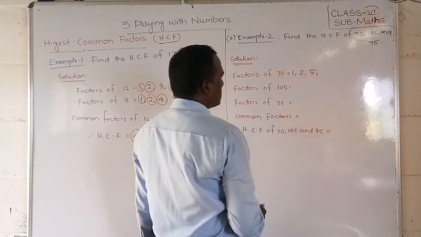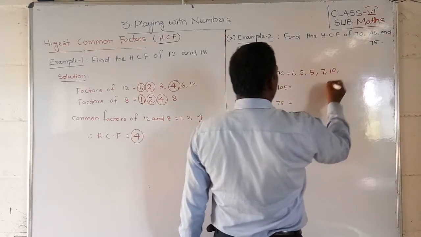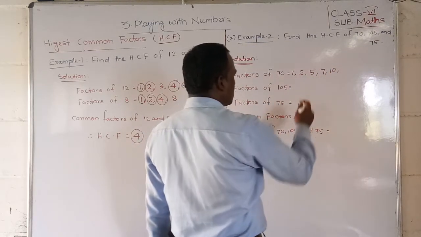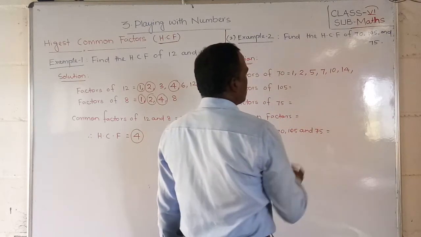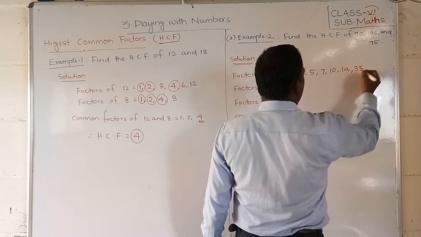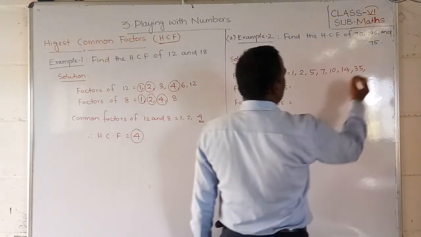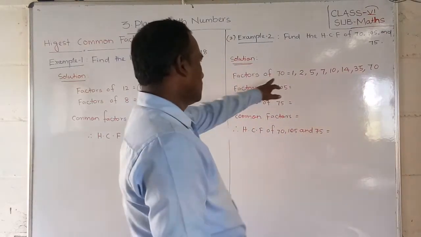So 5. Next, 6 not possible. 7 times 10, so 7. Next 10, next 14, next 35, next 70. These are the factors of 70.